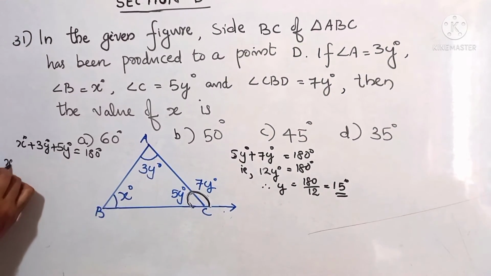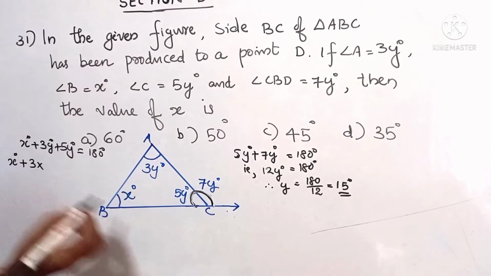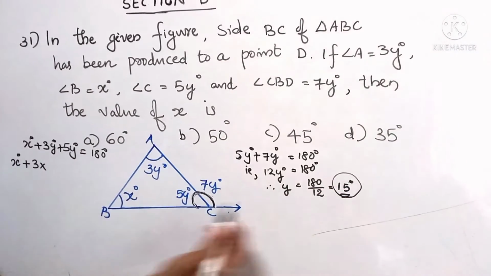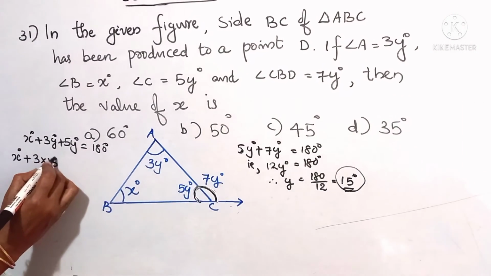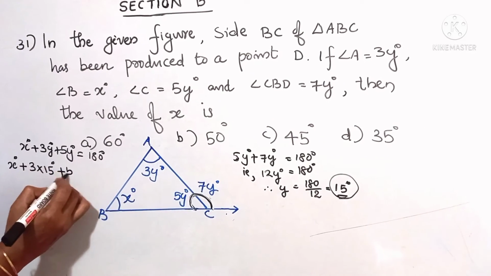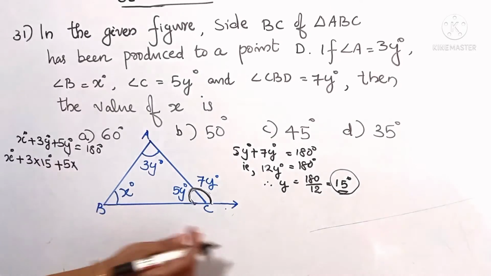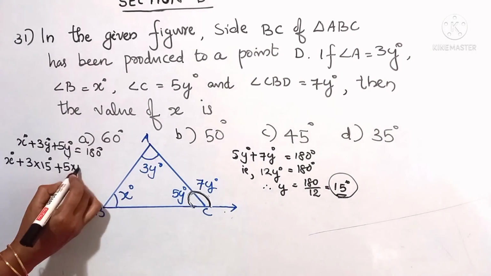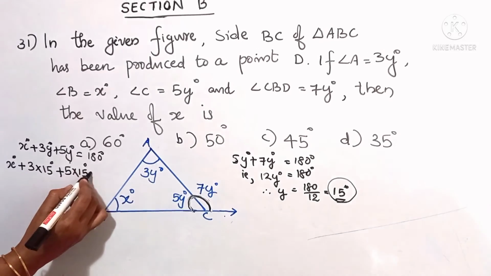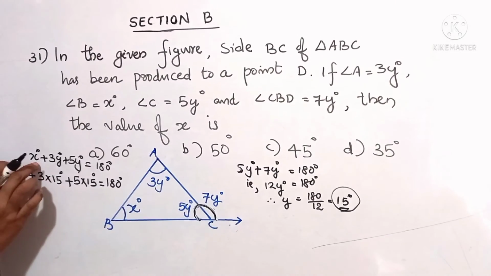Then x degree, keep it there itself, 3y, 3 into, we know what y is now. Y is equal to 15 degree. Write that here, 15 degree plus 5 into y. 5y is 5 into y. We have found the value of y, 15 degree. Substitute it here, 15 degree, that is equal to 180 degree.